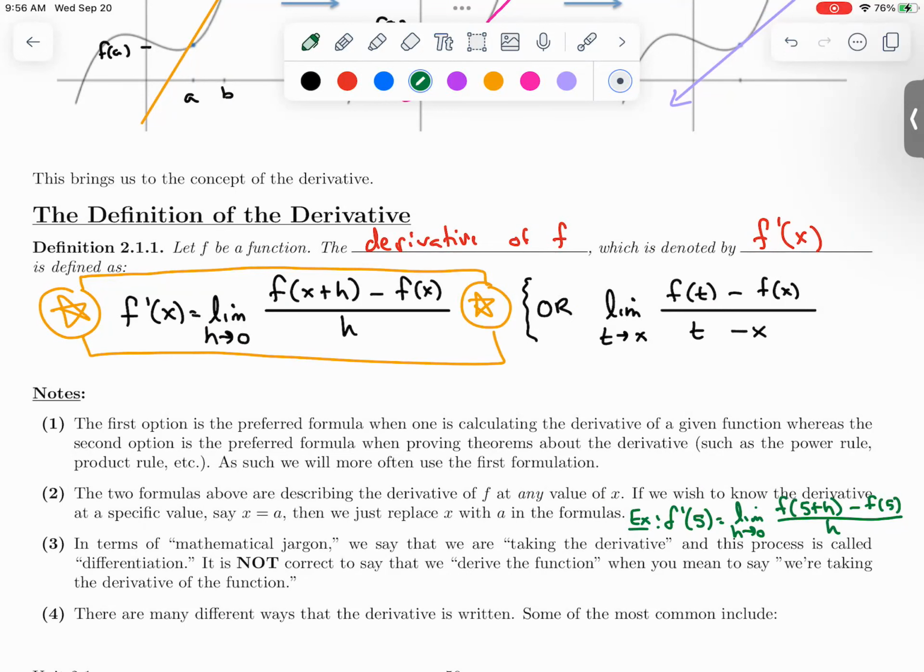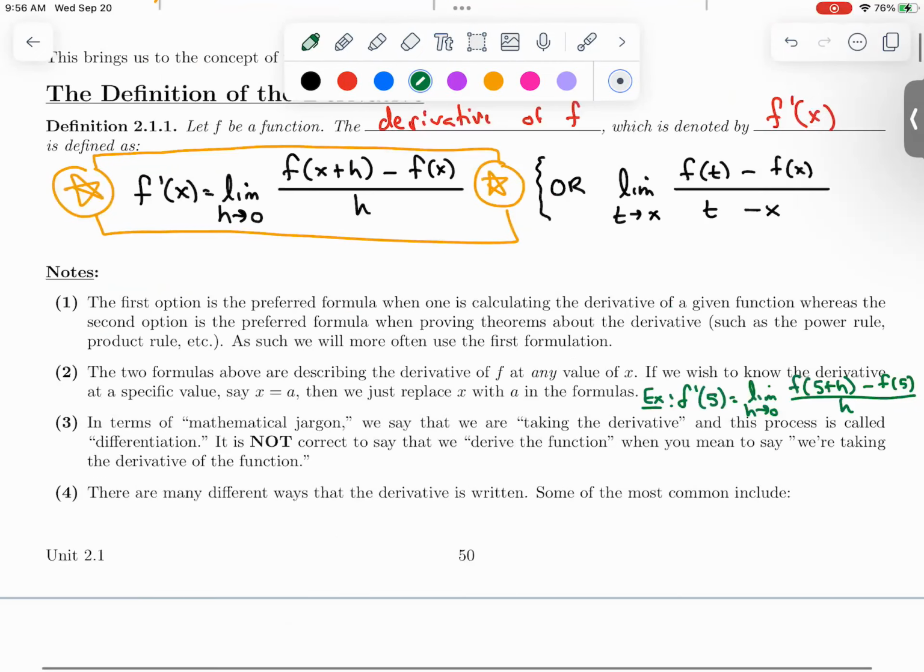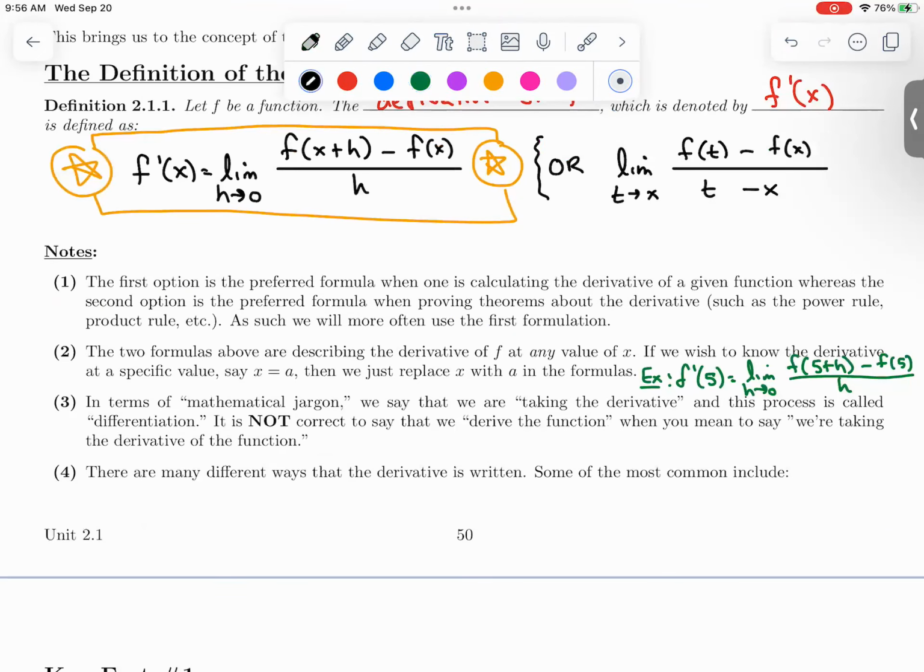There are many different ways that the derivative is written. F prime, that's Newtonian. That's the way Newton described it. So f prime of x. Leibniz used a concept called infinitesimals. He said dy over dx, which is another way to write it. I'll mention other ones too. Some people also write capital D f.